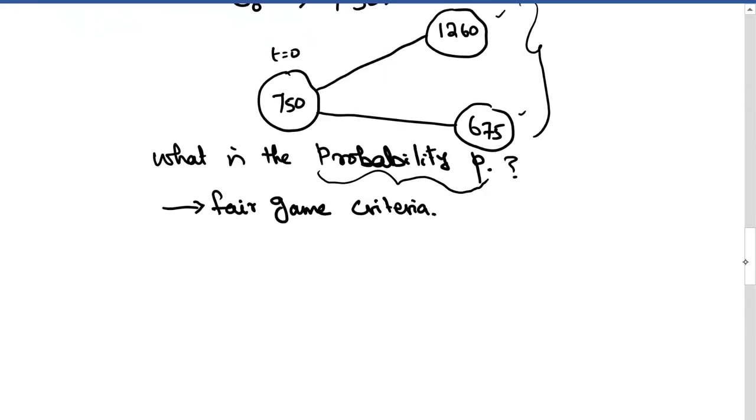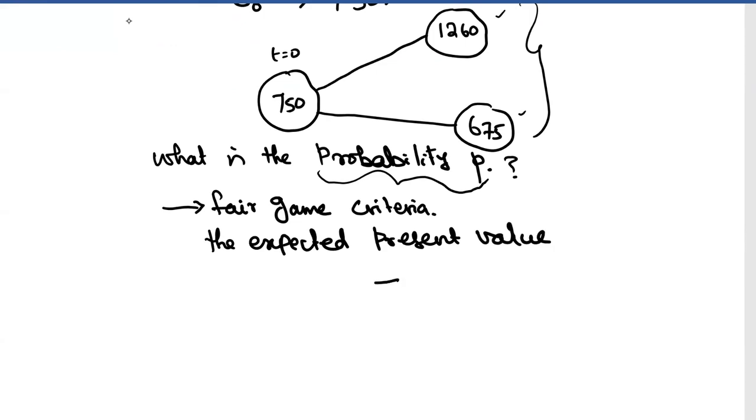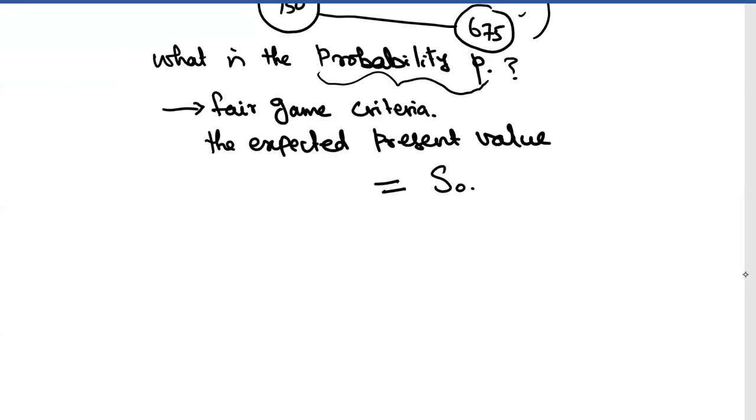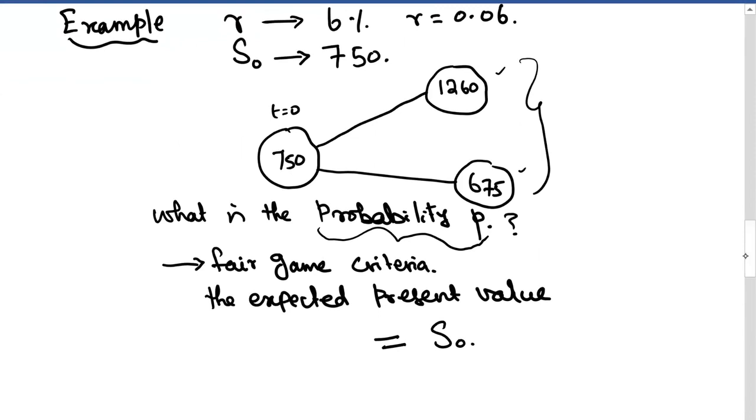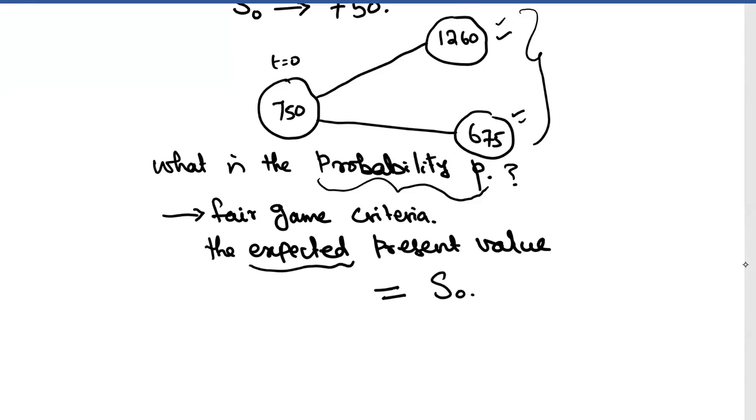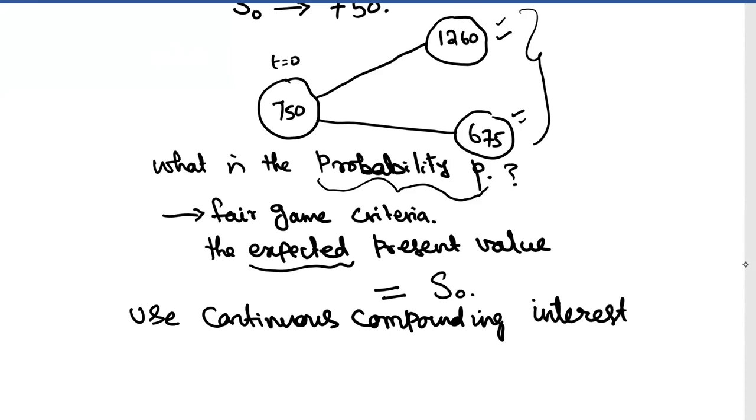What it says is that the expected present value should be equal to the present stock price. The expected present value should be equal to S naught. So let us see what is the present value of these two numbers, and then we will find the expected present value. For this, let us use the continuous compounding interest scheme. Similarly, you can use the discrete compounding interest scheme also.